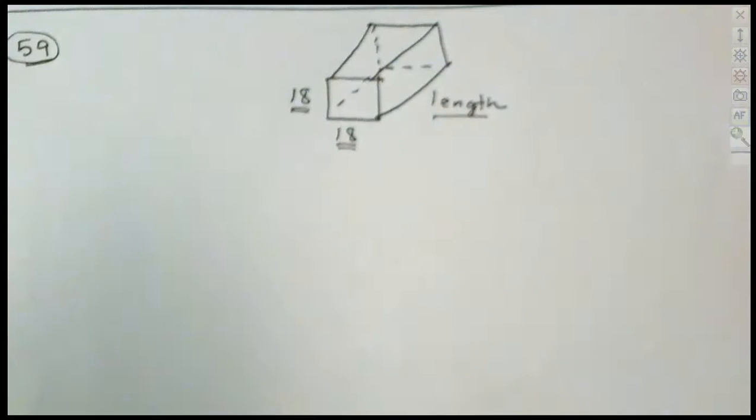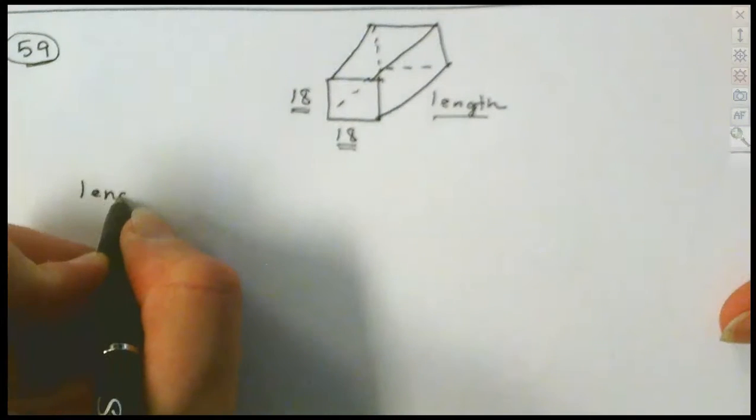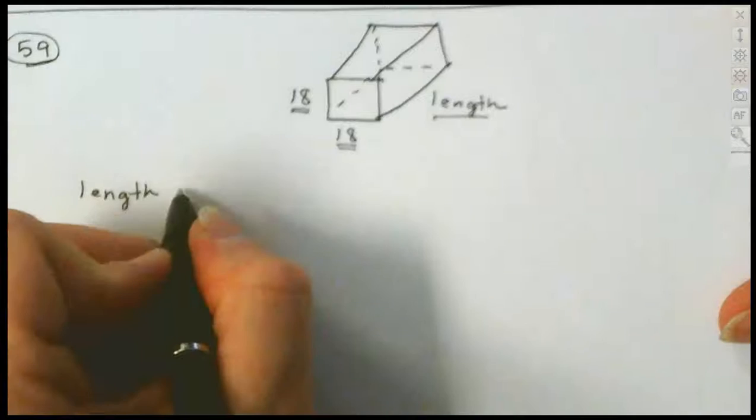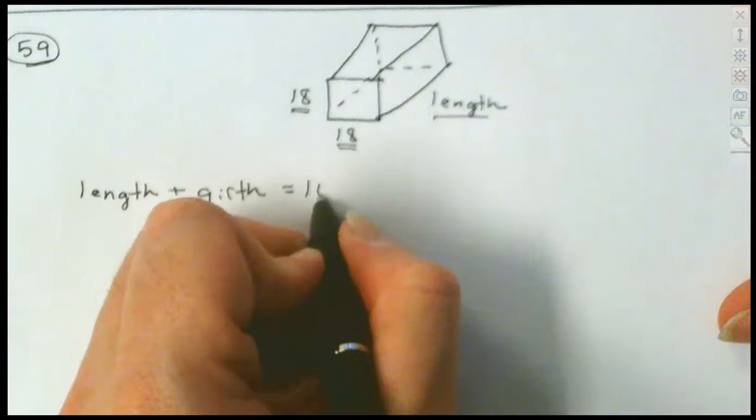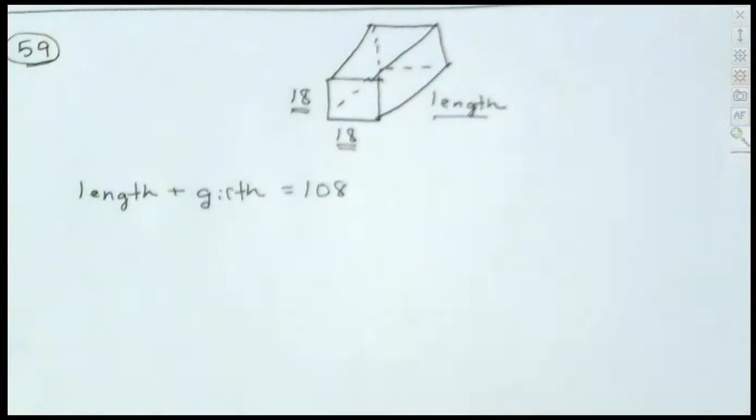Now it says 108, what is that? 108 is going to be the length plus the girth. Okay, because that's how they do it. The length plus the girth is going to be 108.